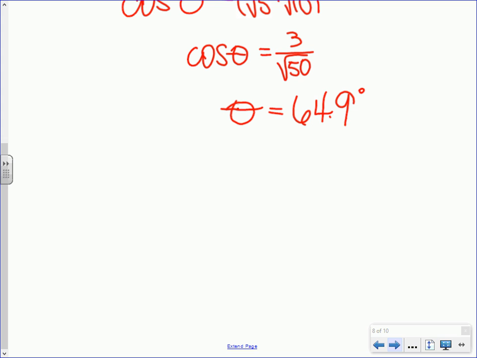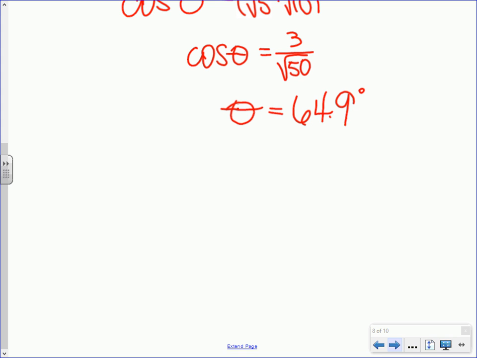What does it mean if our angle is 0 or 180? If the angle between is 0 or 180, that means that they are, we could say, parallel, right? They're either going in the same or opposite directions. Opposite directions would be 180, same direction would be 0.